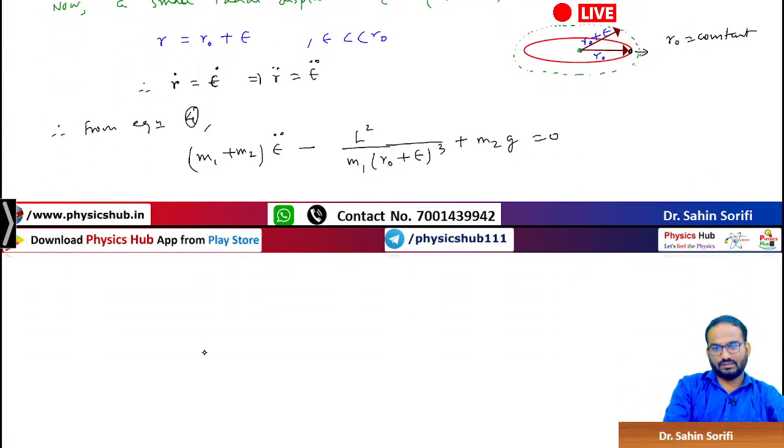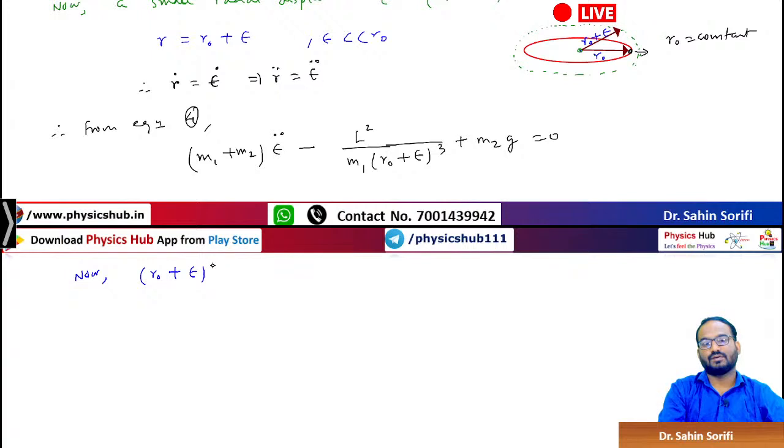Now a little bit of calculation. Let's tackle this R naught plus epsilon cube term first. When it goes in the numerator, it becomes R naught plus epsilon to the power minus 3. Now we can expand. Look, epsilon is much less than R naught, so we can make use of the series expansion.